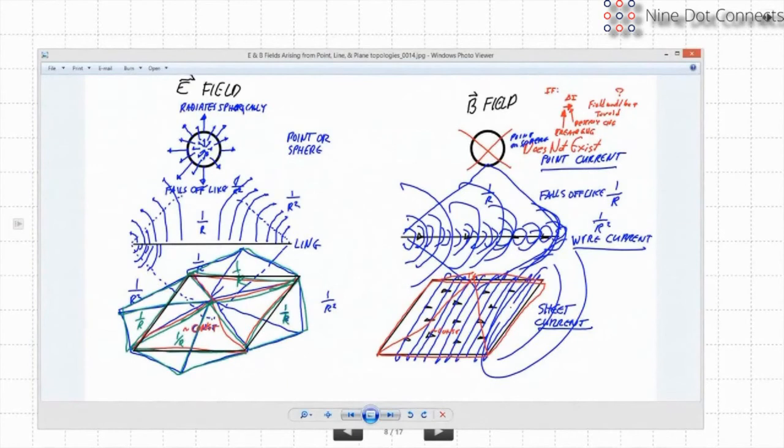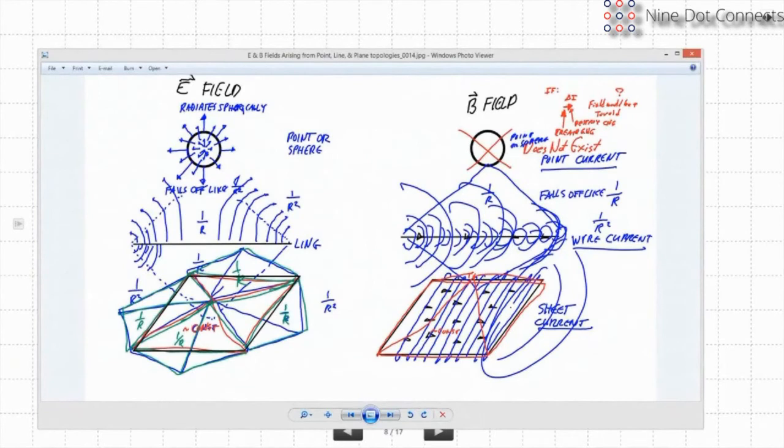And as you get further and further out from that line, it's going to fall off. But again, in this area between the two cones, the B field is going to drop off like 1 over R. And when you get way outside of it, it falls off like most electromagnetic fields at a distance. When you get into far field areas, it falls off like 1 over R squared.